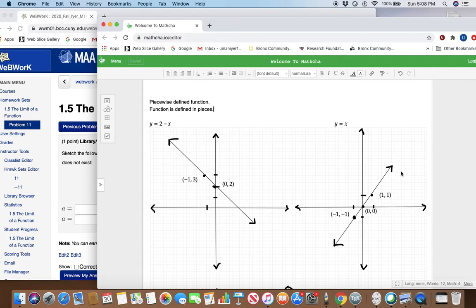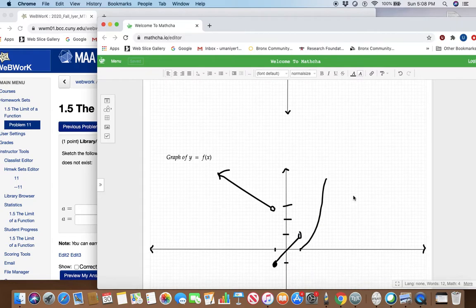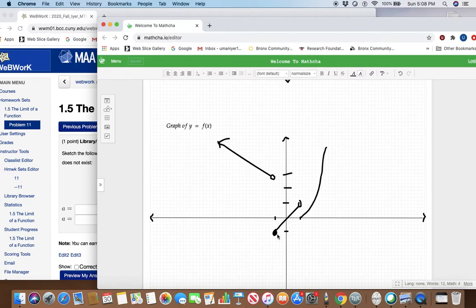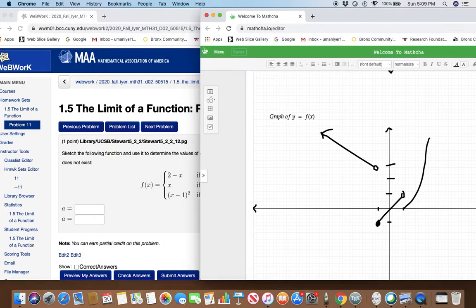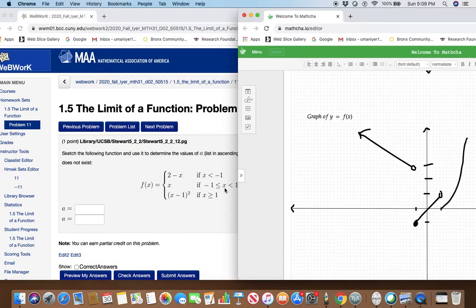So between -1 and 1, I need this piece. Notice what I do: I take that piece and stick it here. Here is filled in, here is open. Why is that the case? X is equal to -1, so that point gets filled in. X is not equal to 1, so that point is open.